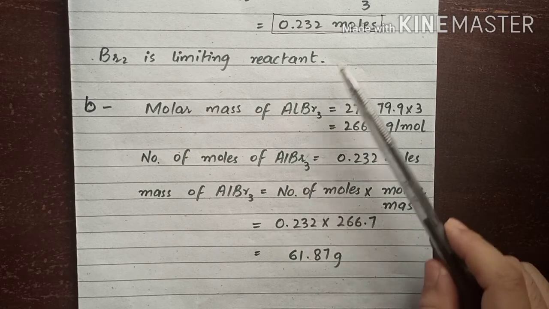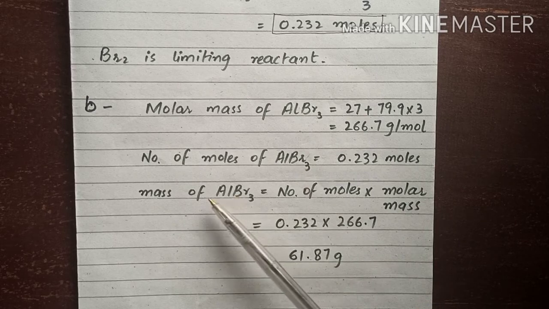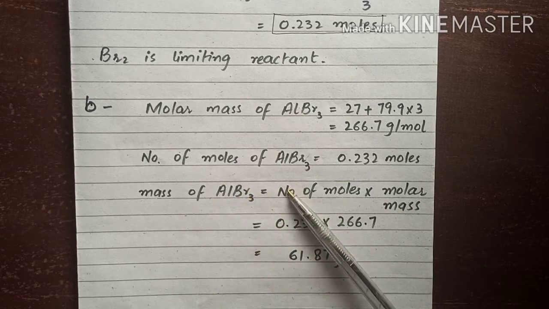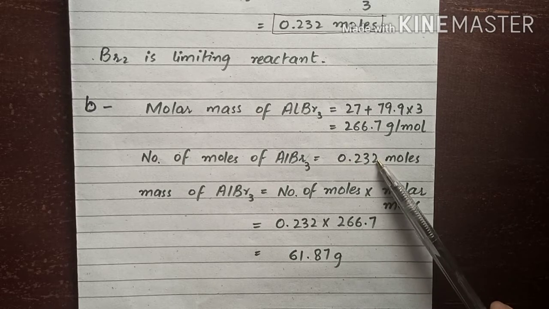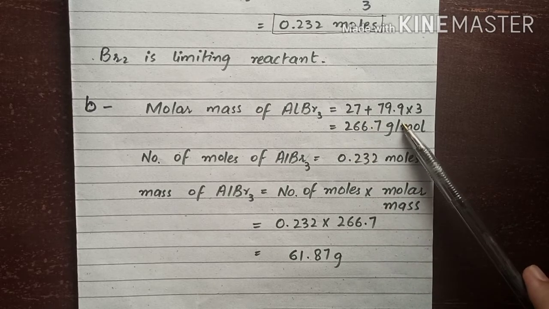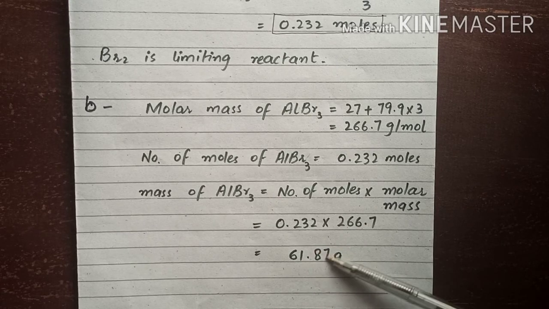Now the number of moles, as we have already calculated over here, is 0.232 moles of aluminium bromide. Now the mass of aluminium bromide, here is the formula, number of moles into molar mass. So number of moles 0.232 into molar mass 266.7, we will get the grams of aluminium bromide, which is 61.87.